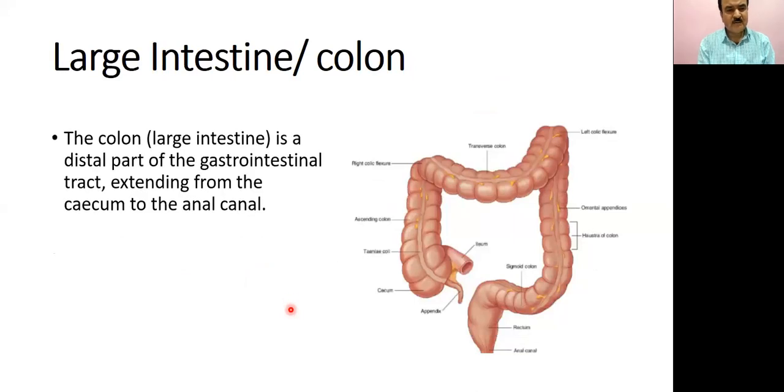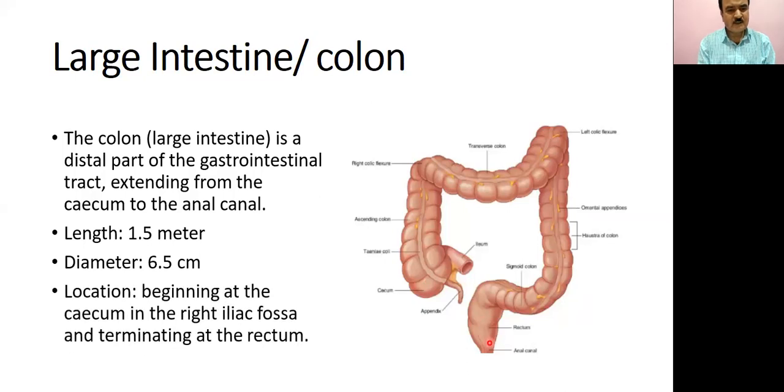The colon, also called the large intestine, is the distal part of the gastrointestinal tract, extending from the cecum to the anal canal. Its length is roughly 1.5 meters and its diameter is 6.5 centimeters. It begins at the cecum in the right iliac fossa and terminates at the rectum in the pelvis.